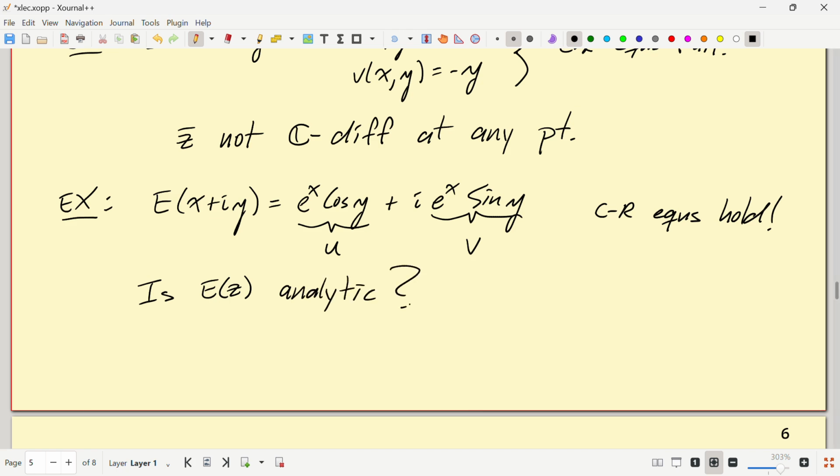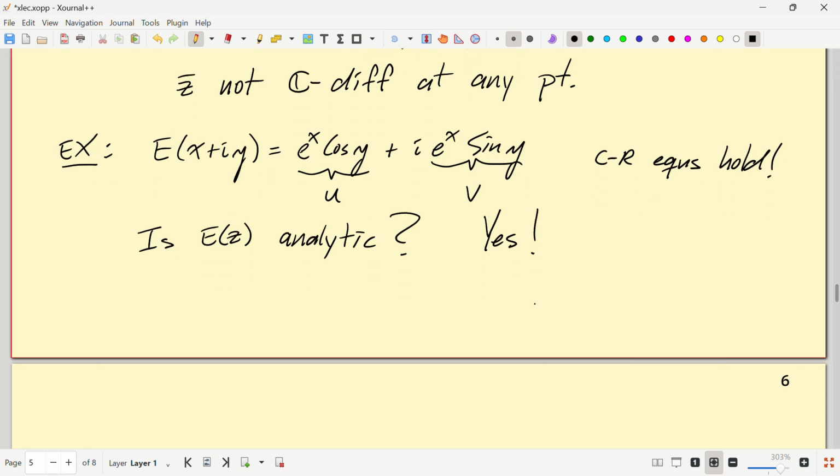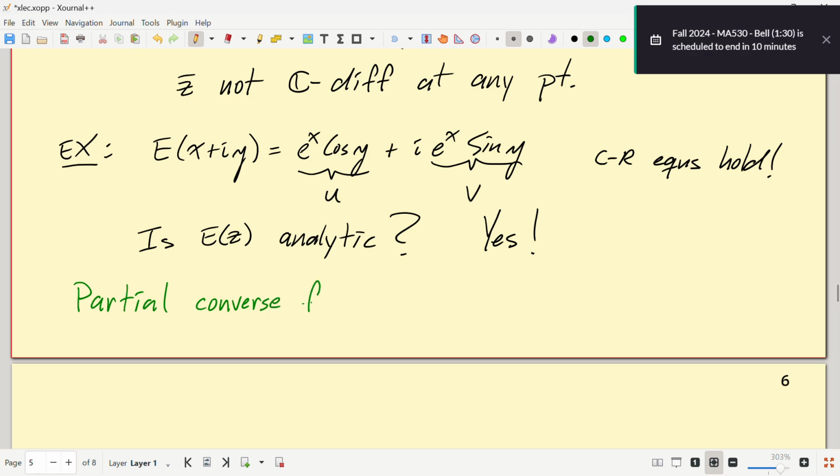And the answer is yes, because there's a converse to the thing I just did above. I'll call it a partial converse because there's an annoying thing to think about. Partial converse to the Cauchy-Riemann equation thing.